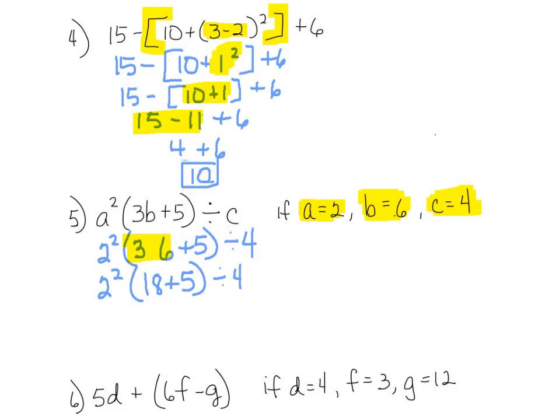All right, so the next step is to complete the operations within the grouping symbols. 18 plus 5, so let's do that. So I have 2 squared times 23 divided by 4.